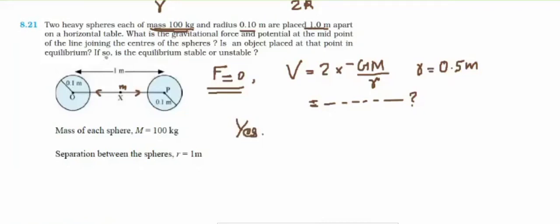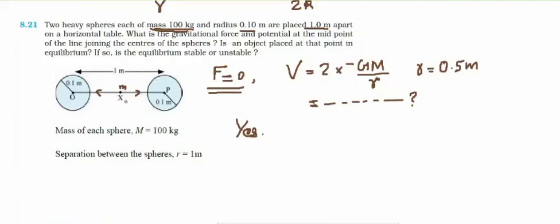Now again, if the object is at equilibrium, is the equilibrium stable or unstable? So what is the meaning of stable equilibrium or unstable equilibrium? We know that at point X, the object is at equilibrium, force is 0. Now, if you displace that object from X, left or right, then release it.